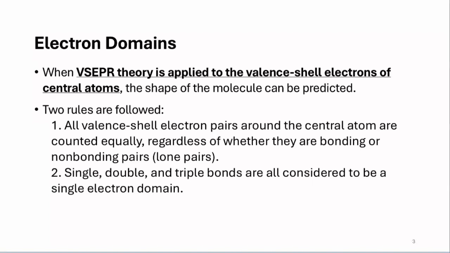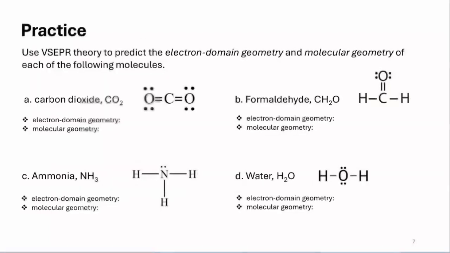In order to go over this concept, I'm going to now move to slide 7. Here I have different drawn Lewis structures, and we can count the electron domains or electron groups around the central atom.